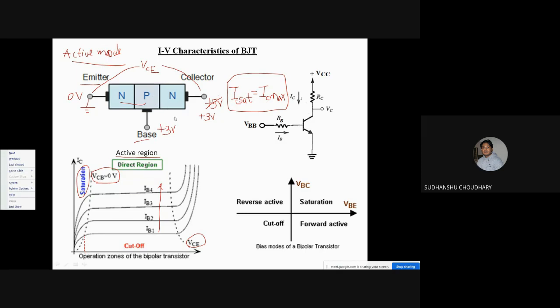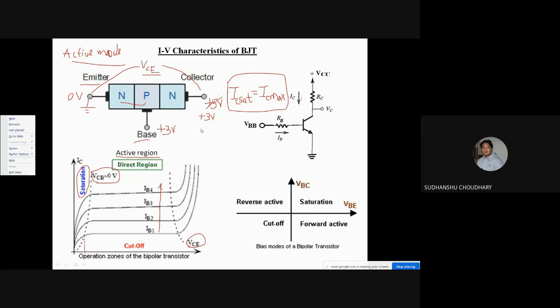It is in equilibrium. Now let us look at the collector to emitter voltage: plus 3 minus 0 volts. So the collector to emitter voltage is now 3 volts.